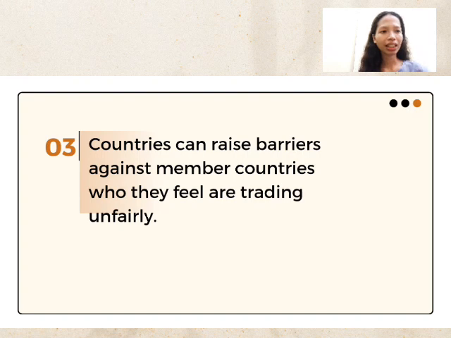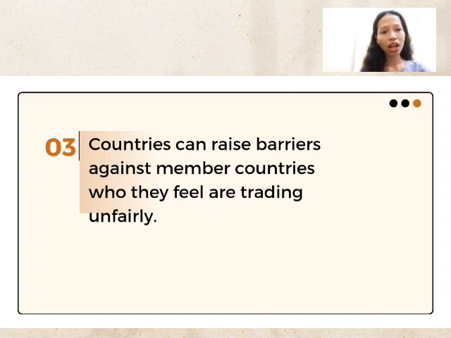Their retaliatory measures are seen as a response to what China considers unfair trade practices by the U.S. So these actions demonstrate that countries can indeed raise barriers or impose tariffs as a means of protecting their own industries or responding to what they perceive as unfair trade practices by other member countries.